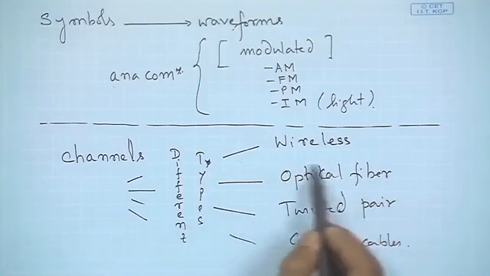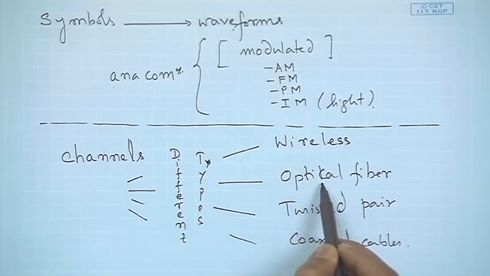Then the same zeros and ones could be used to change a different property of a different physical resource. Here it is the spectrum of electromagnetic waves which comes under the light, the visible light band, or the infrared, or even the ultraviolet. So basically you are choosing a different frequency.